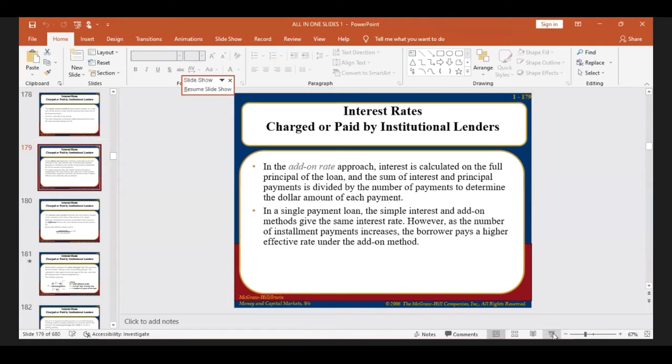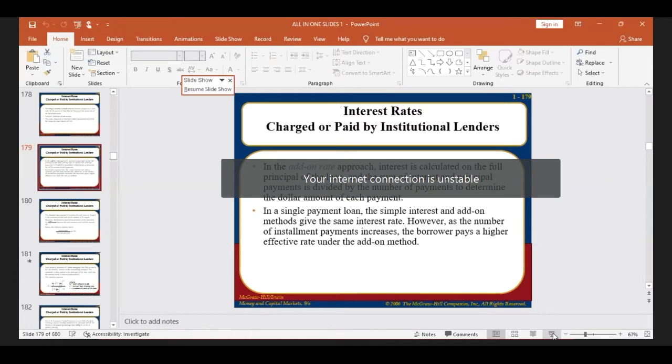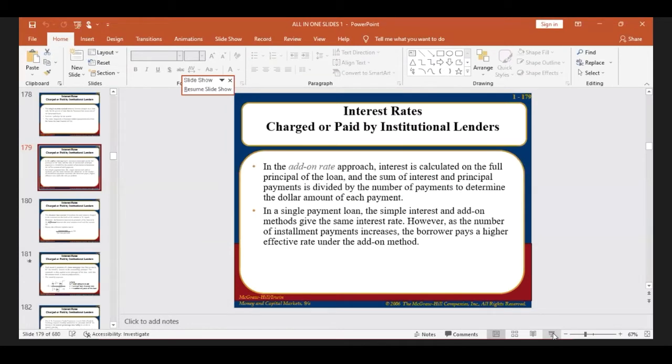How will it affect interest rate on the market? We discussed that one. Then we also talked about simple interest rates, and what we're on now requires time, the add-on interest rate.